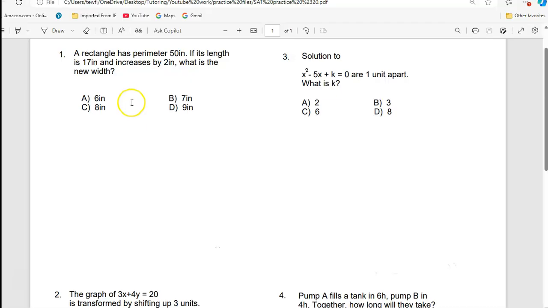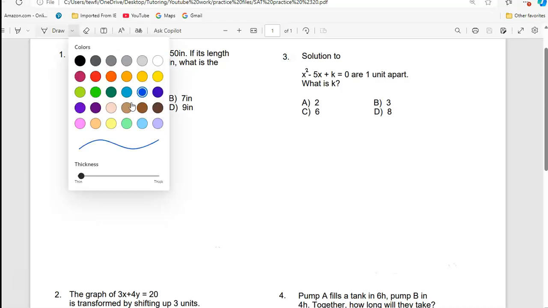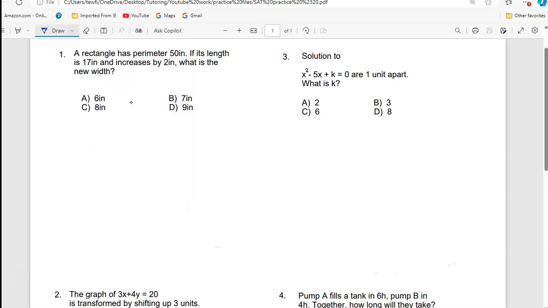So if I have a rectangle, we know the rectangle has length and width, right? This rectangle was 17, but we added 2 inches, so it will be 19.